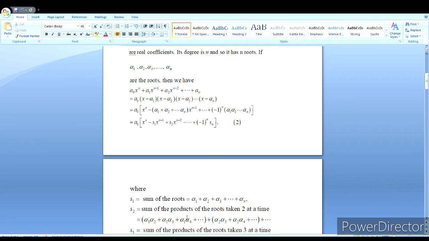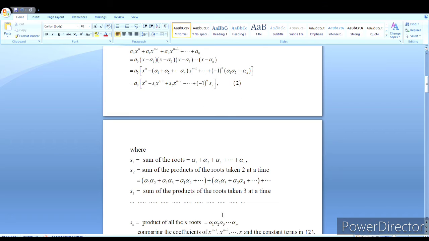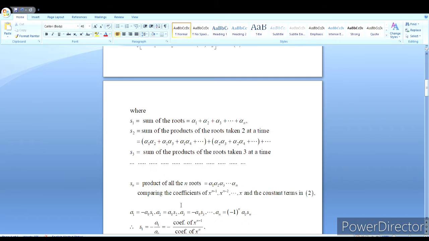S2 denotes the sum of the products of the roots taken two at a time, that is alpha 1 alpha 2 plus alpha 1 alpha 3 plus etc. plus alpha 2 alpha 3, all these types. And S3 equals the sum of the products of the roots taken 3 at a time. Similarly, Sn is the product of all the n roots, that is alpha 1, alpha 2, etc., alpha n.